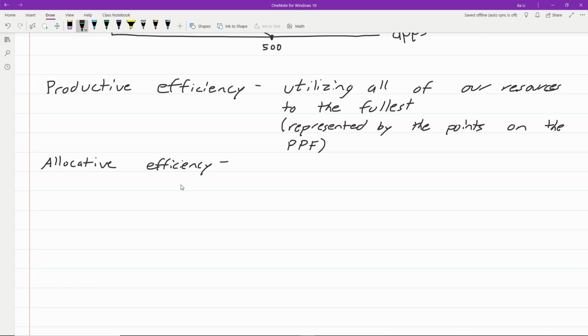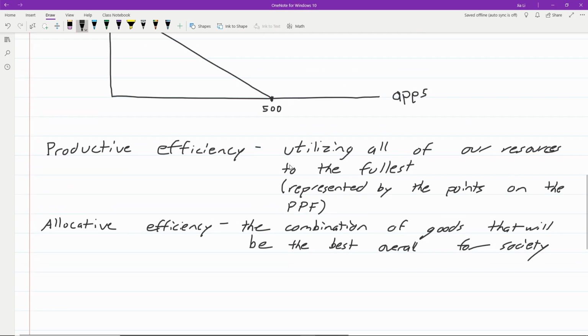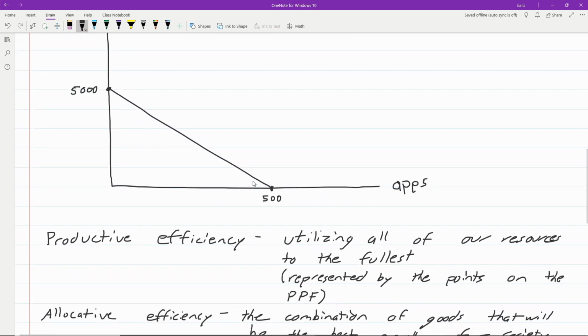This is just referring to the combination of goods that will be the best overall for society, right? So here are all the different possible combinations of what we can produce using all of our resources.